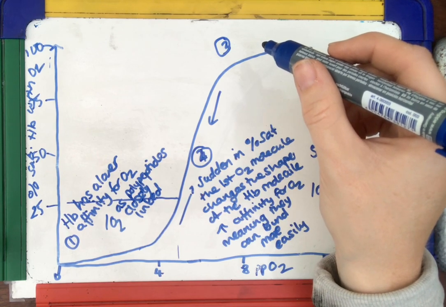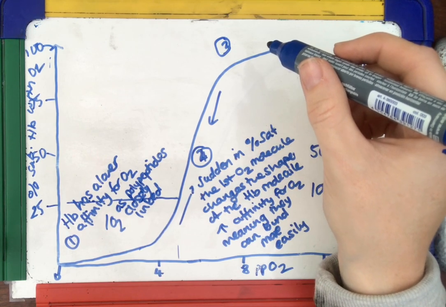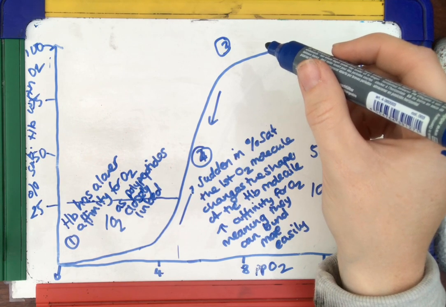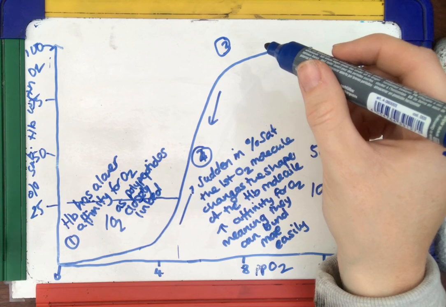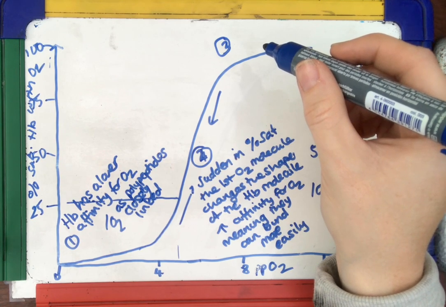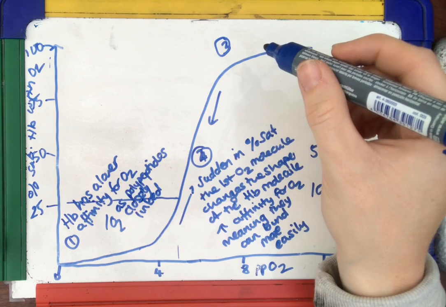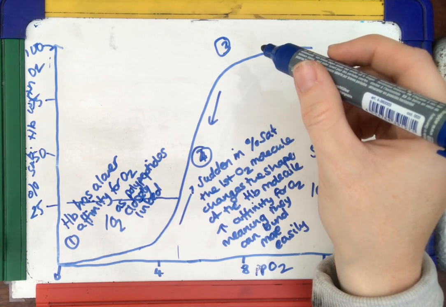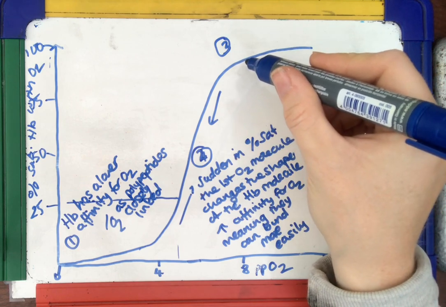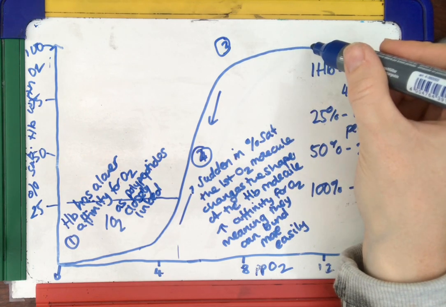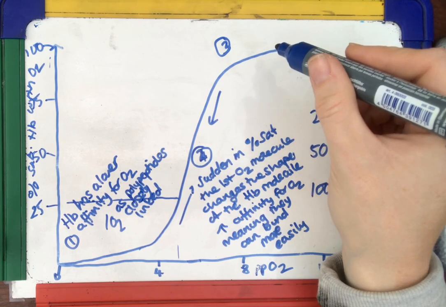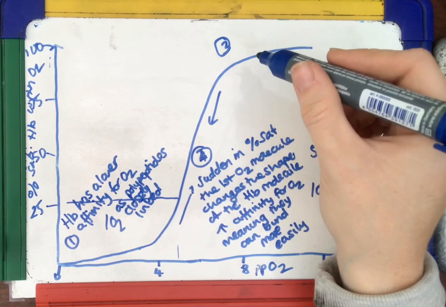If you have a molecule of hemoglobin and 3 of its binding sites are occupied by an oxygen molecule, and you have oxygen molecules randomly colliding with that molecule of hemoglobin, what are the chances that that oxygen molecule is going to collide with that free heme group? It's going to be a lot lower. So that's why it takes a bit longer for all of the oxygen to become fully saturated, because there's less chance of a free oxygen molecule colliding with the free heme group.